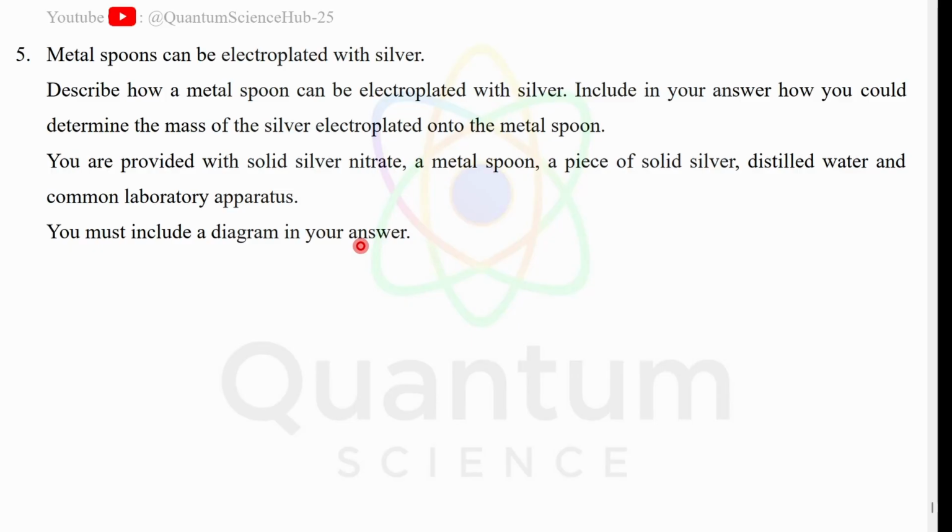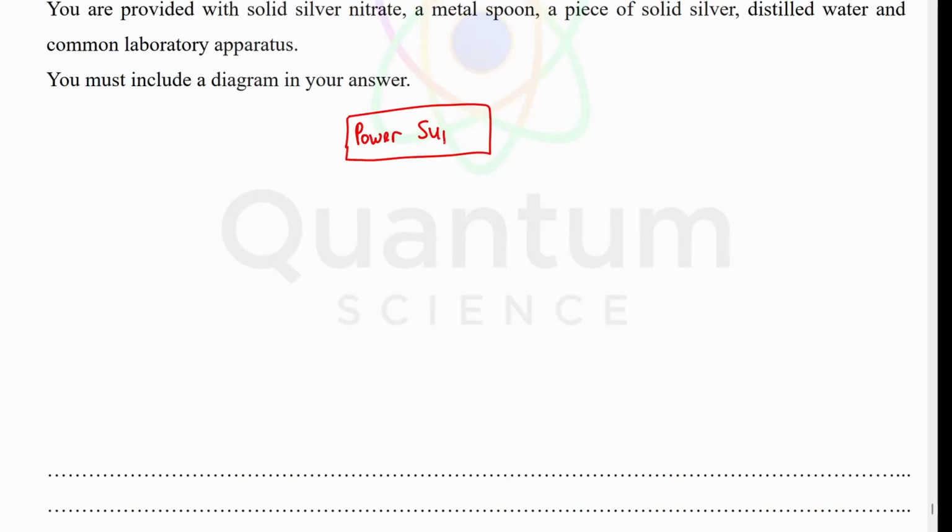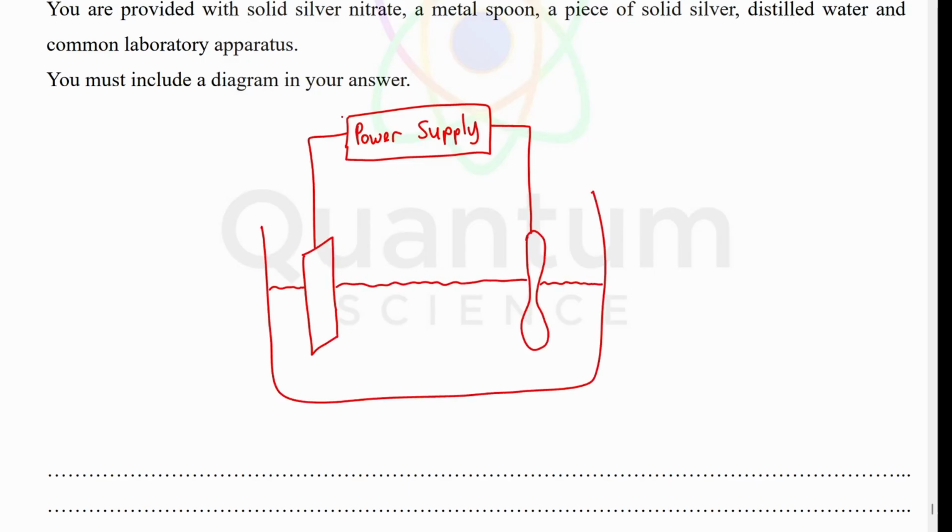Okay, so first of all, let's draw the diagram. So we have the power supply in here. The power supply here, this is the positive and this is the negative. Remember, the thing that you want to cover, the spoon, should be connected to the cathode or negative electrode, and the piece of the metal should be connected to the anode or positive electrode, right?